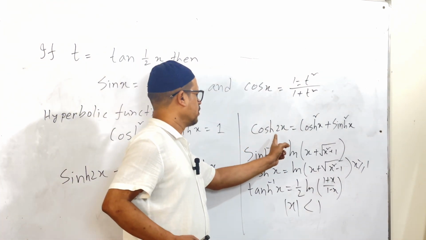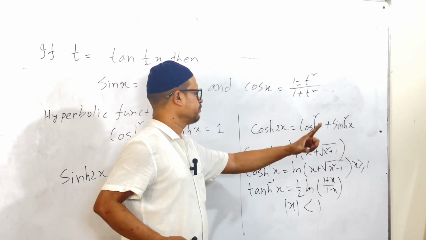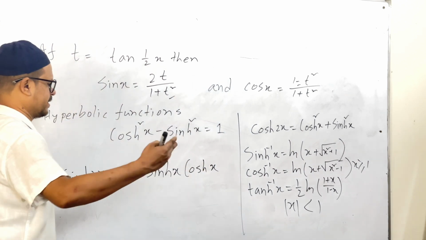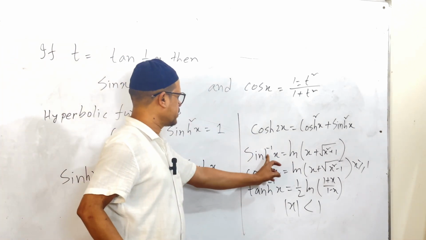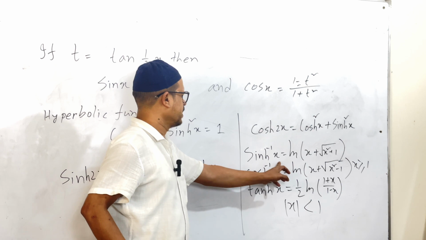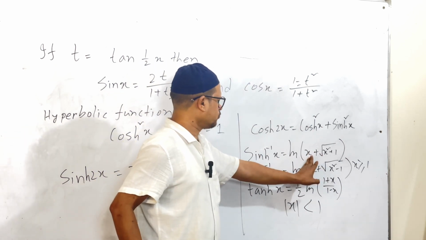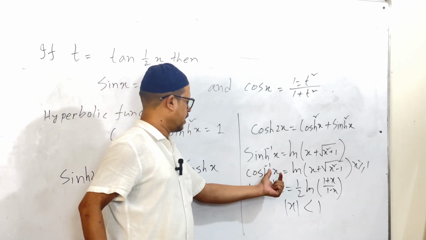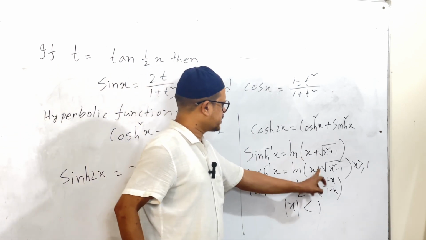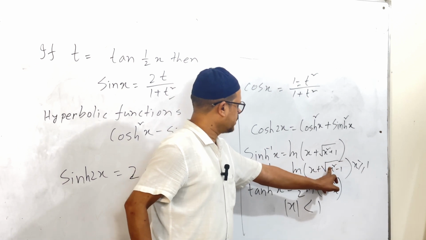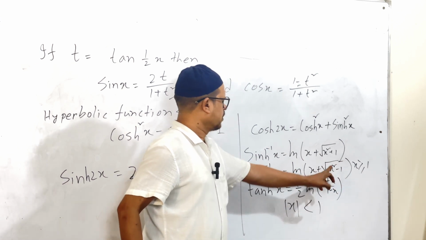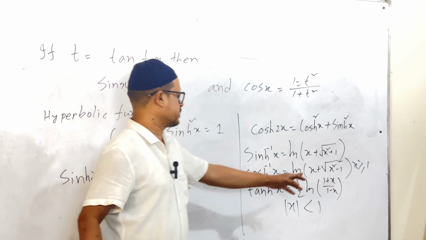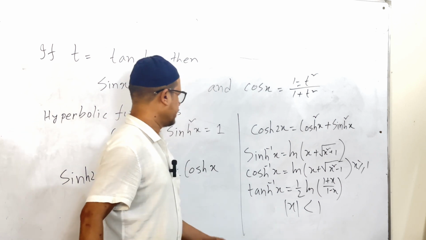For cos h inverse x, x plus root x squared minus 1, x greater than or equal to 1.